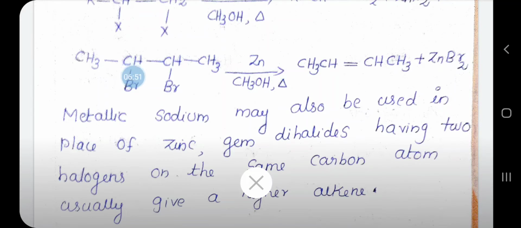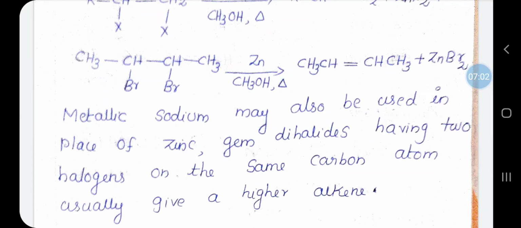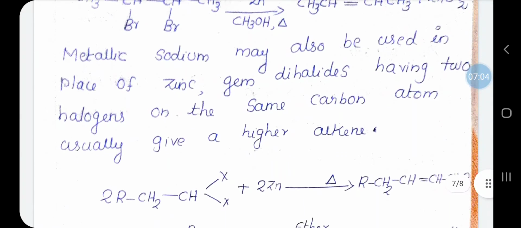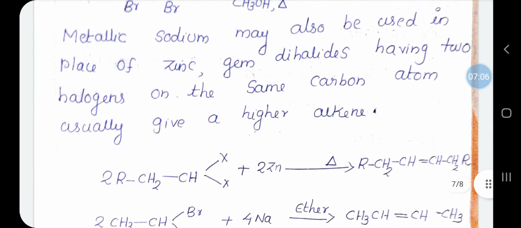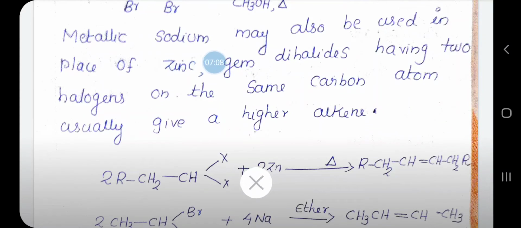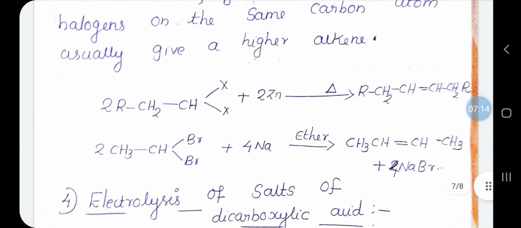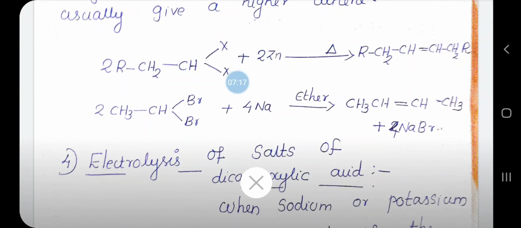So here CH3CHBr, CHBr, CH3 with zinc, alcohol and heating, ZnBr2 will be eliminated and the corresponding alkene will be produced. Here in place of zinc we can also use metallic sodium for the reaction.